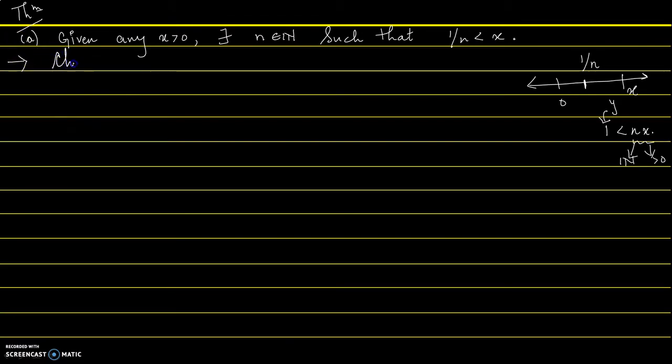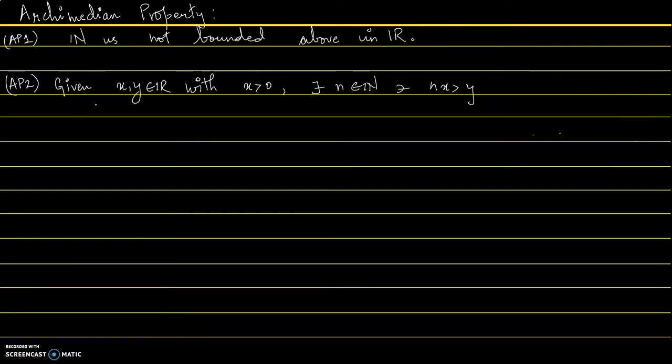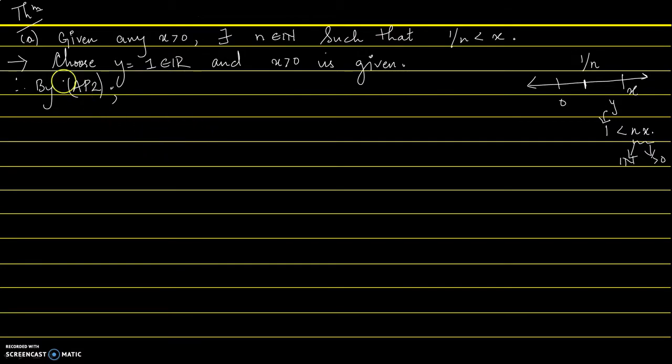So I choose the point y to be equal to 1, which is a real number, and x is already given to me, positive. By the second form of the Archimedean property, AP2, there exists a natural number n such that nx is greater than y, but y is 1.